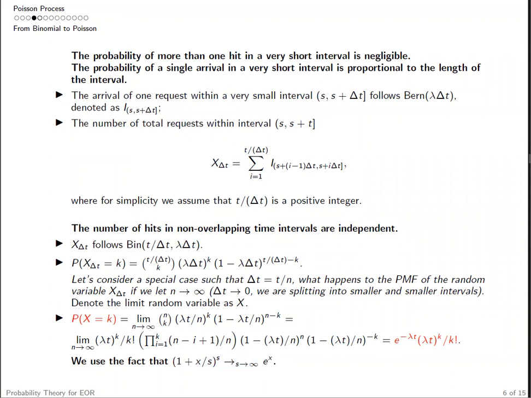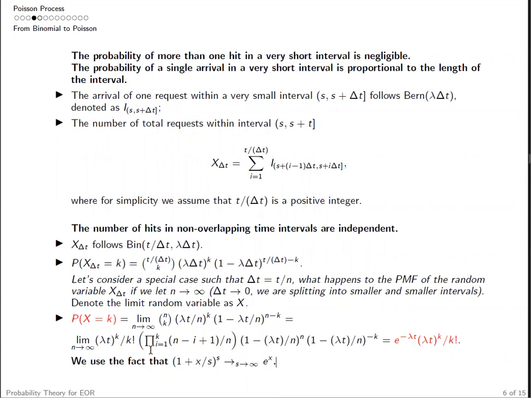And in the above case, we know x is minus lambda t. This is a very special PMF function. So far we have seen nothing involving Euler's number, and this is a very special PMF function.